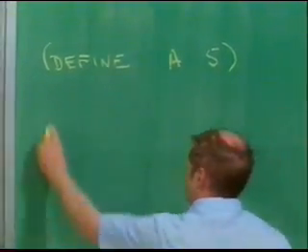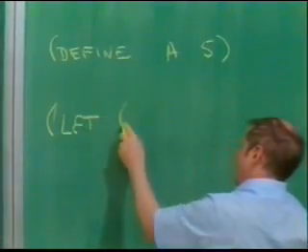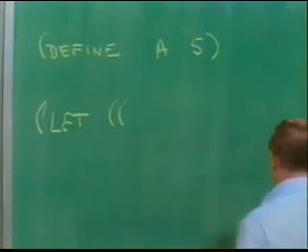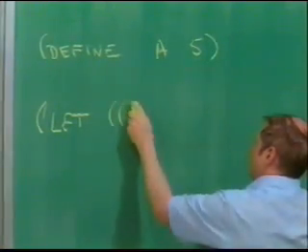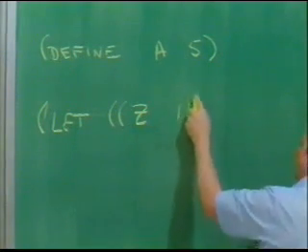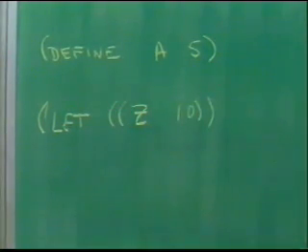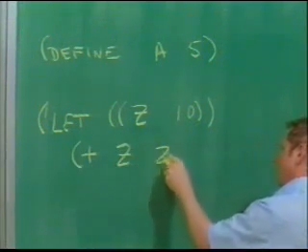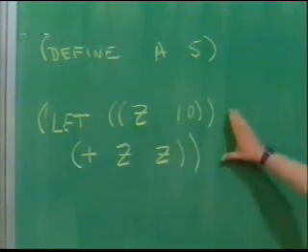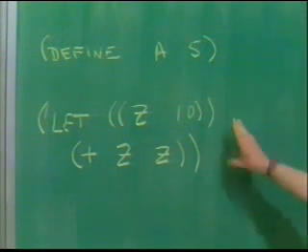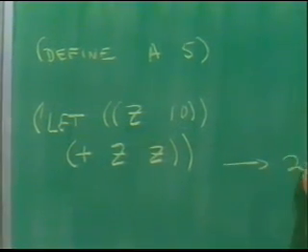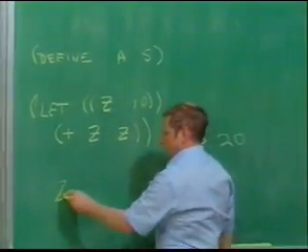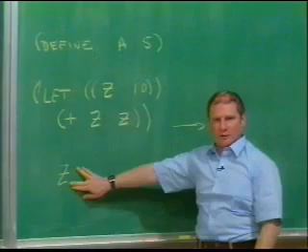So if I type something like saying let Z be 10, and within that context tell me what the sum of Z and Z is. So if I typed in this expression to Lisp, this would put out 20. However, then if I said what's Z, the computer would say that's an unbound variable.